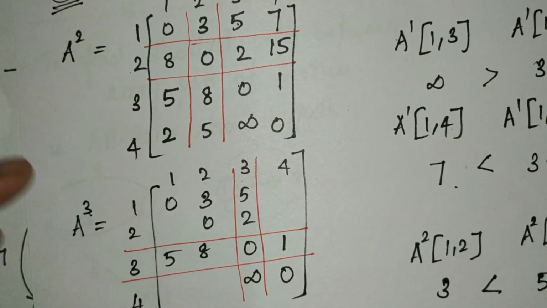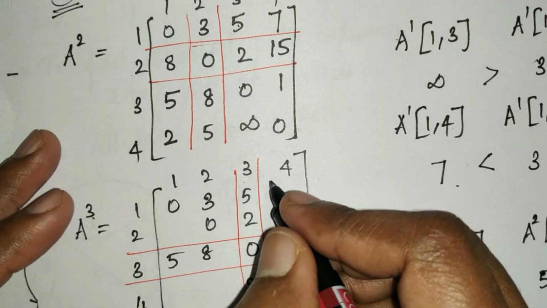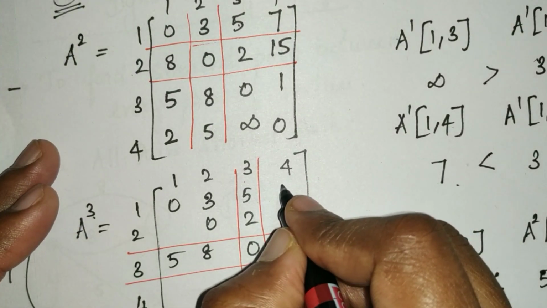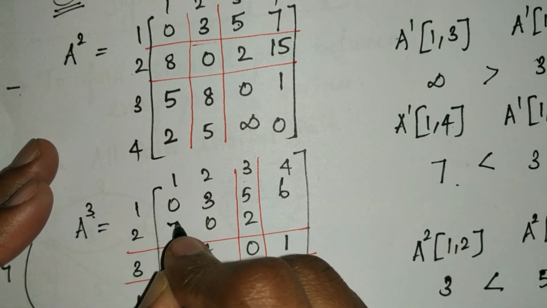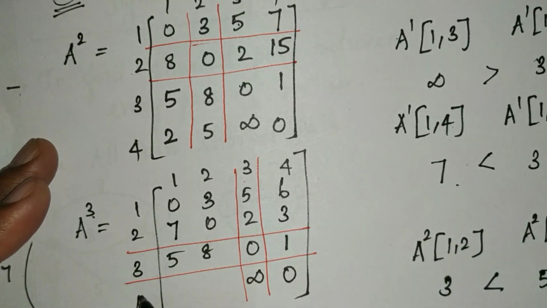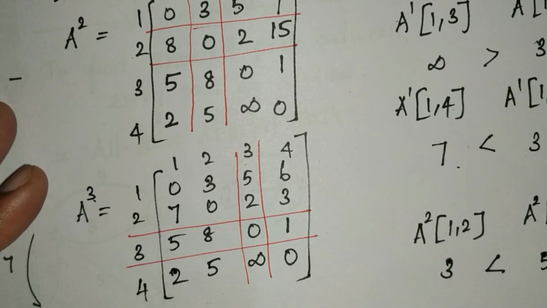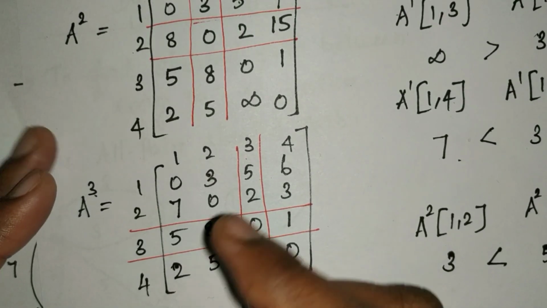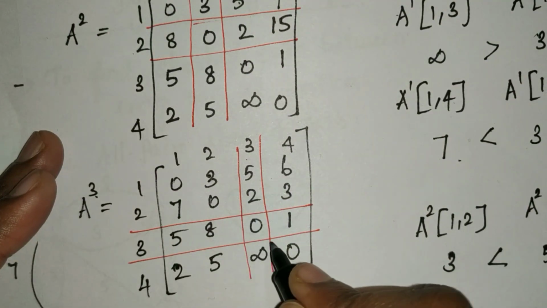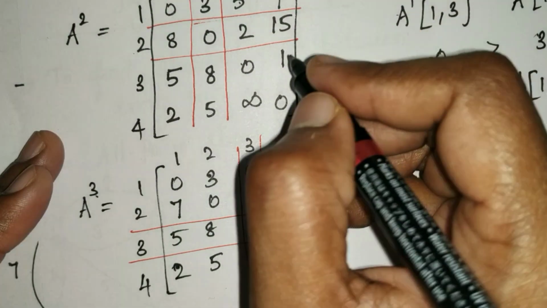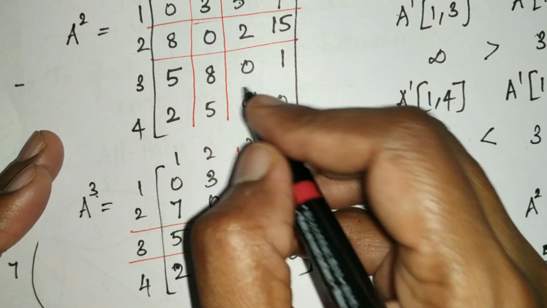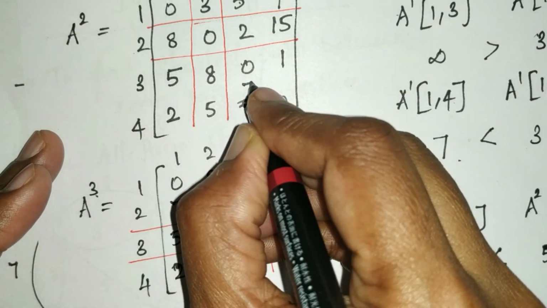Similarly we can calculate the remaining values. I am just updating it here. You can calculate it and verify the answer with this. Here it will be actually 7.